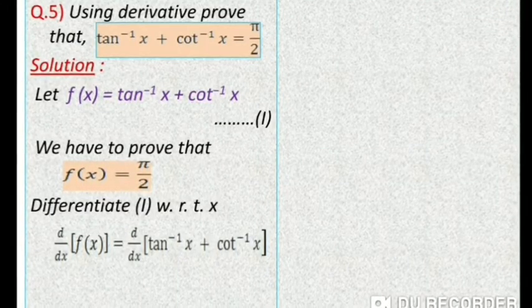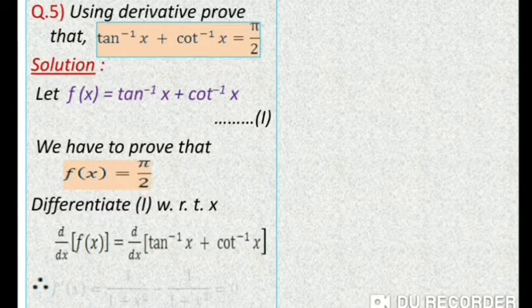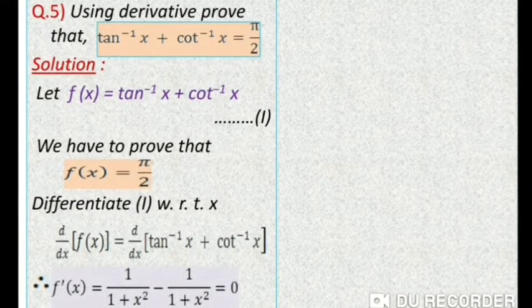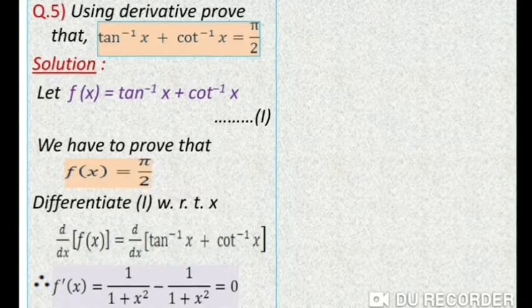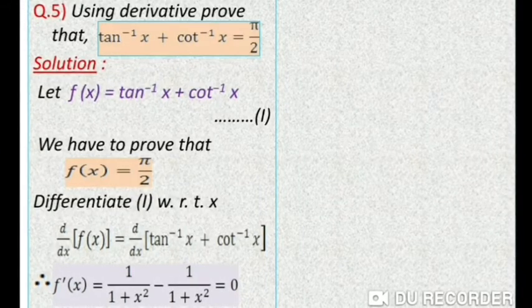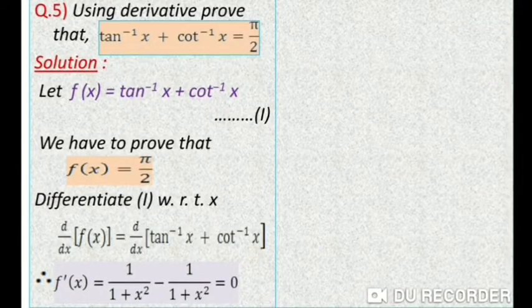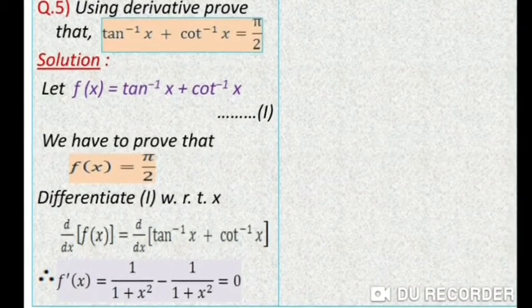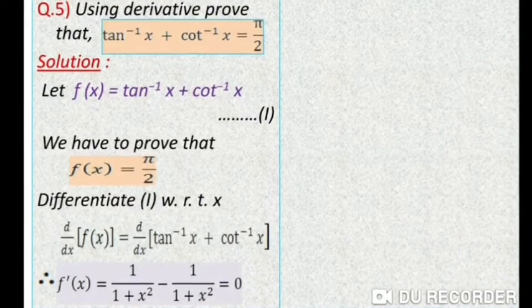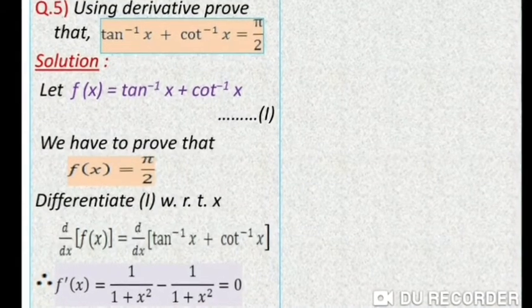The derivative of the left hand side is f dash of x. Do we know that the derivative of tan inverse of x is 1 upon 1 plus x square, and the derivative of cot inverse of x is minus 1 upon 1 plus x square?